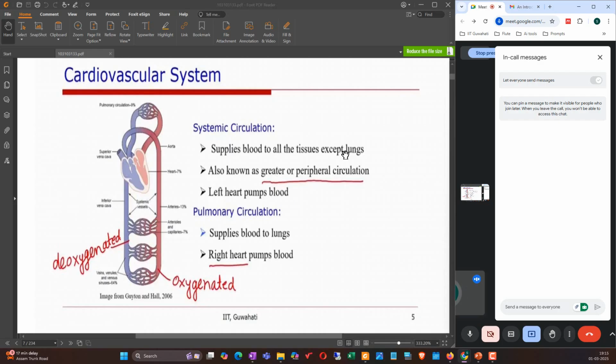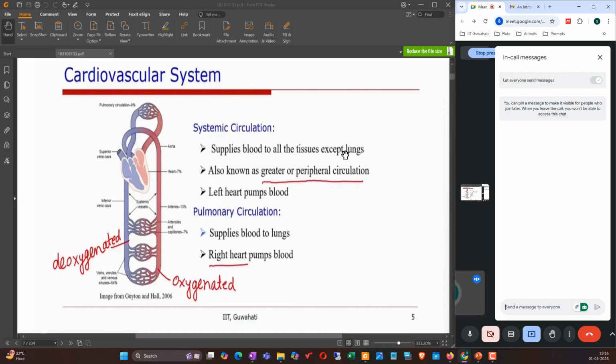Our lung gets blood from the pulmonary circulation, and it is the right heart's blood. You know your heart is on the left-hand side, and the right side is nearer to the vast area of the lung side. That's why it supplies the blood to the lung, right?